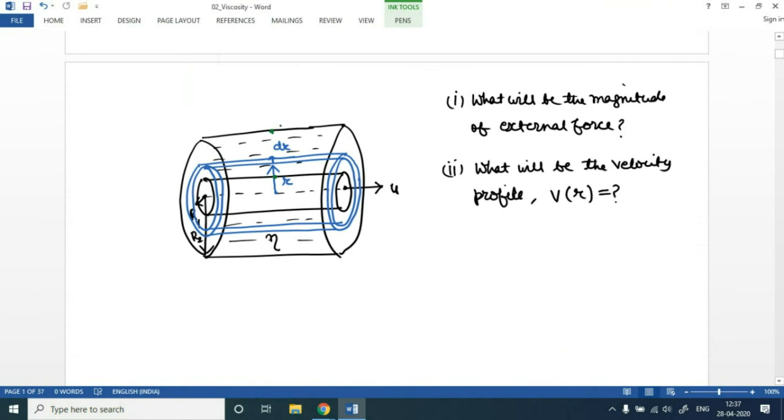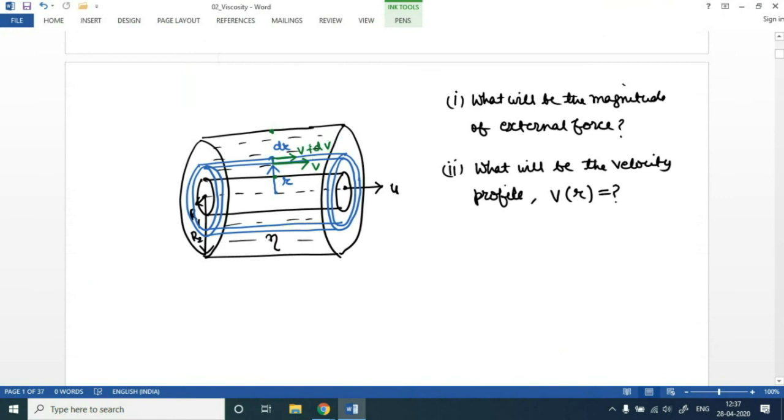So as we go away from the axis, the velocity is decreasing. For example, at this layer, if the velocity is v, then at the next layer the velocity v plus dv, where dv has got to be negative, because the velocity is decreasing over here.